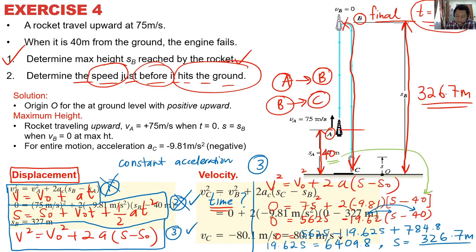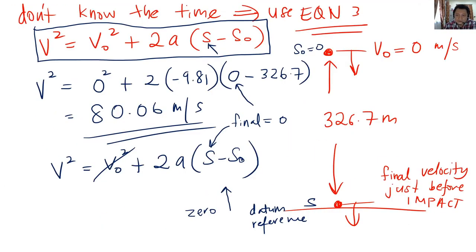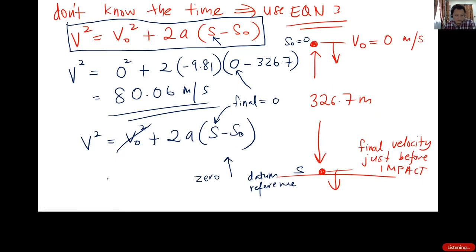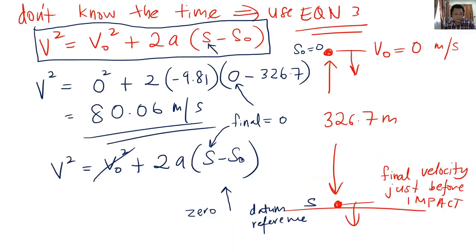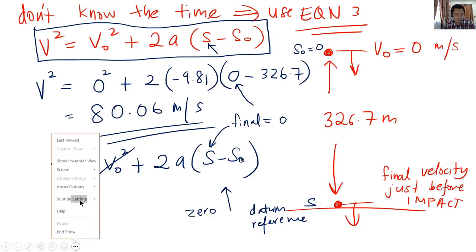Okay. So what is important for you to know? I'm going to need to add one more page. Oh, what is this? White screen. The important thing is like this. You have a ball. It goes up to maximum height.